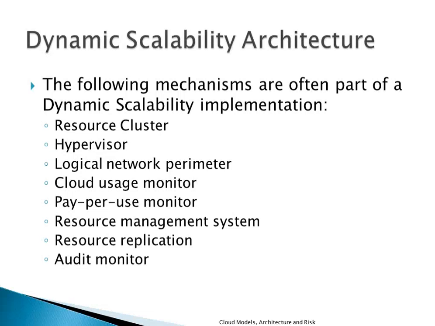So X amount of CPU, X amount of RAM, X amount of storage, and so on. So you pick. So this is an infrastructure as a service. You would pick the level of CPU, RAM, storage that you require for a particular instance that you want to put up. So behind that, you would then have a resource pool, right?